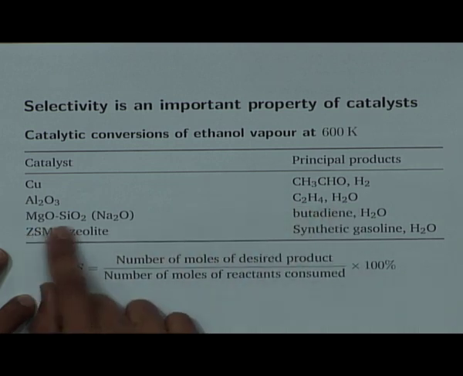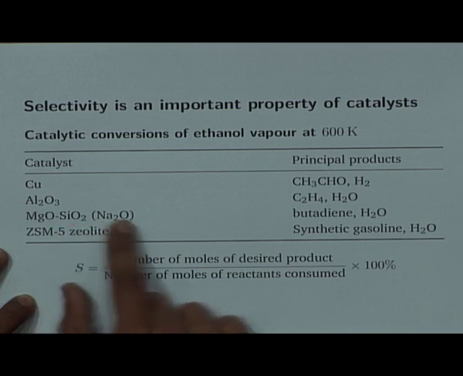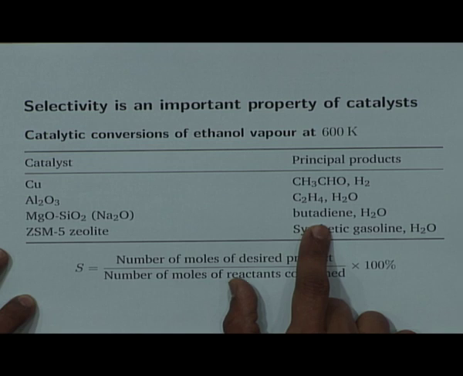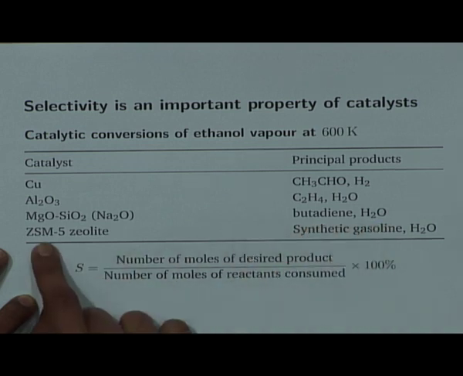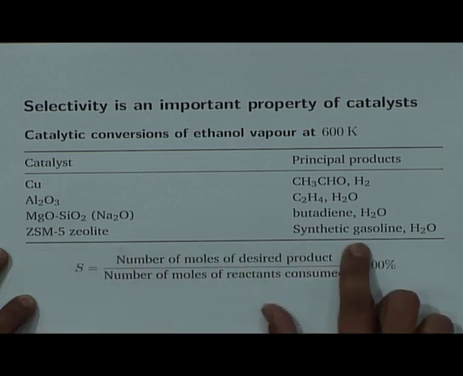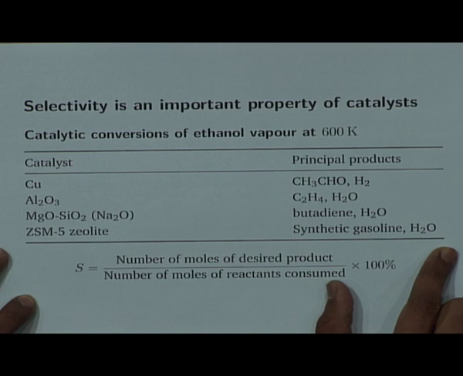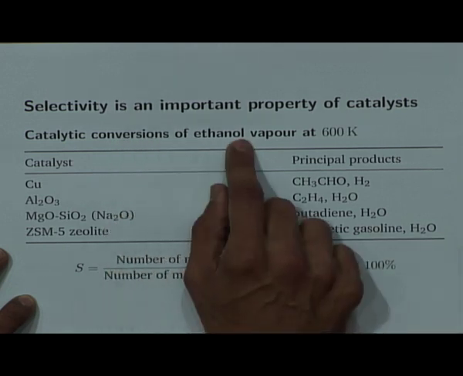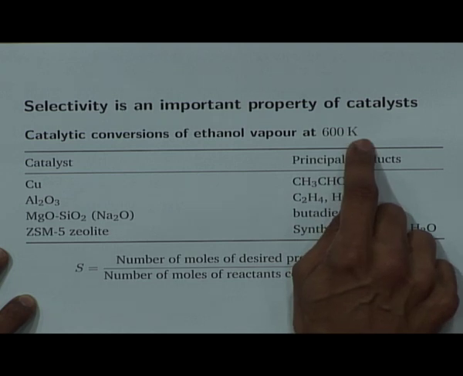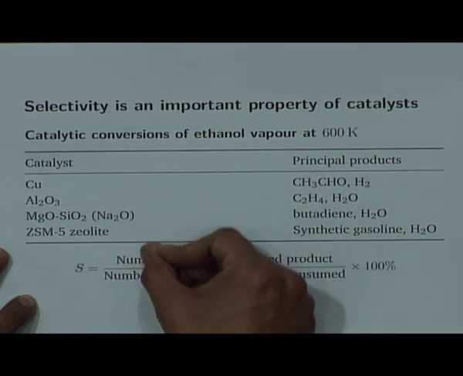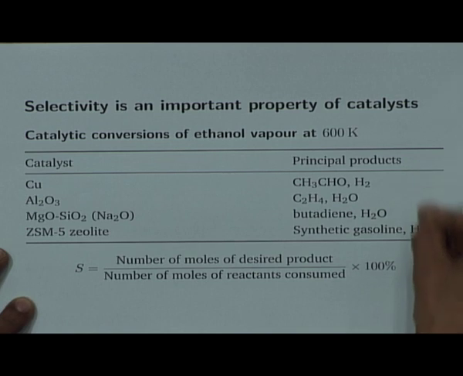With magnesia and silicon dioxide, with sodium oxide as a promoter, I get butadiene and water. And in the presence of what is called a zeolite catalyst ZSM5, I get synthetic gasoline and water. So, for the same reactant under identical conditions, for different catalysts, I get different products.